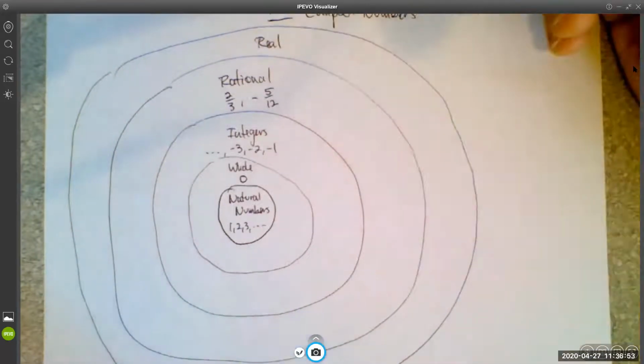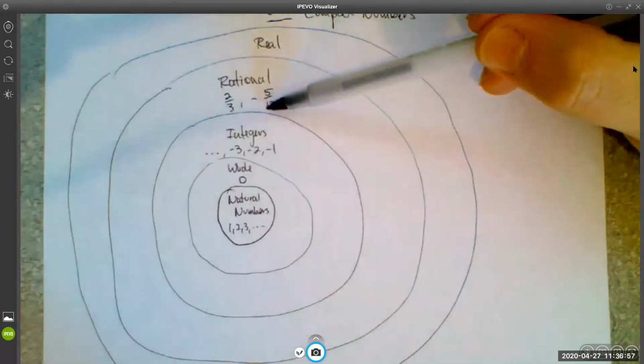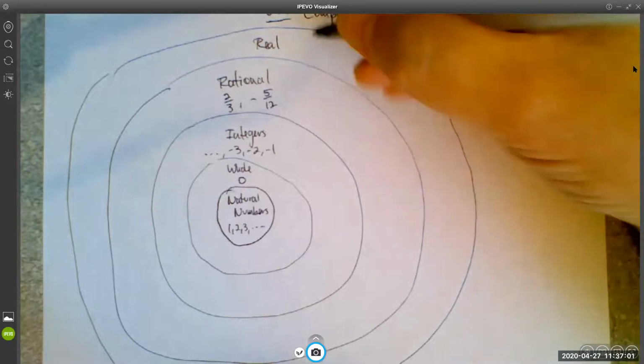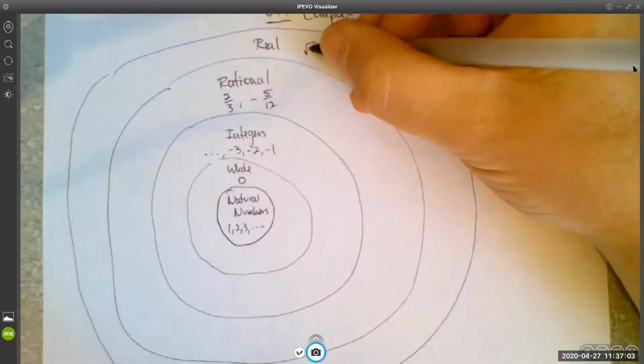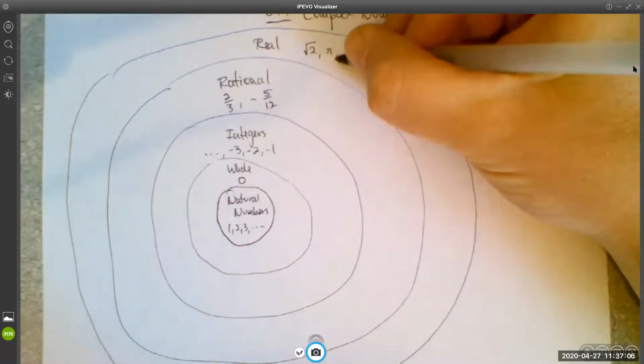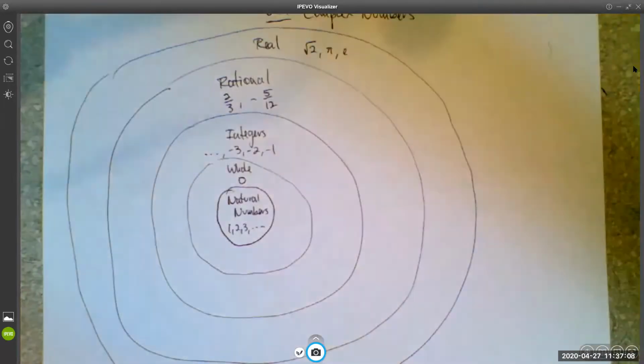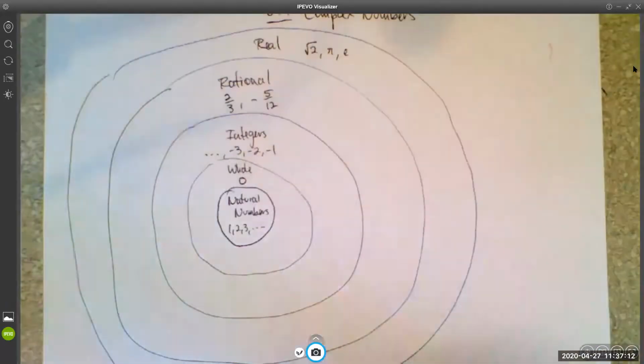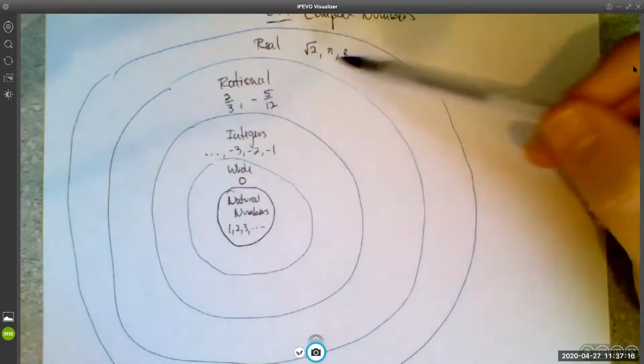And the real numbers, in addition to the rational numbers, also include irrational numbers, like the square root of 2, or pi, or e, Euler's number. So the real numbers also include all of these irrational numbers.